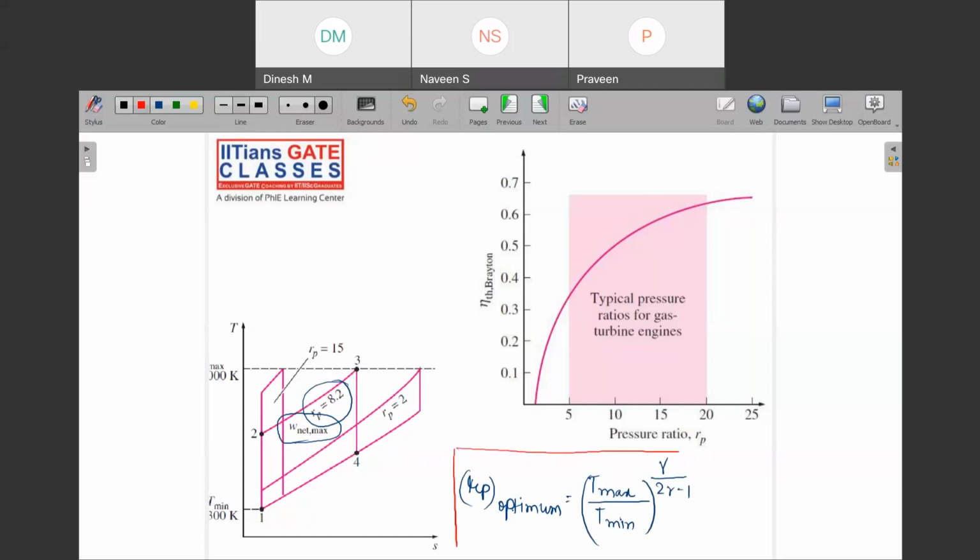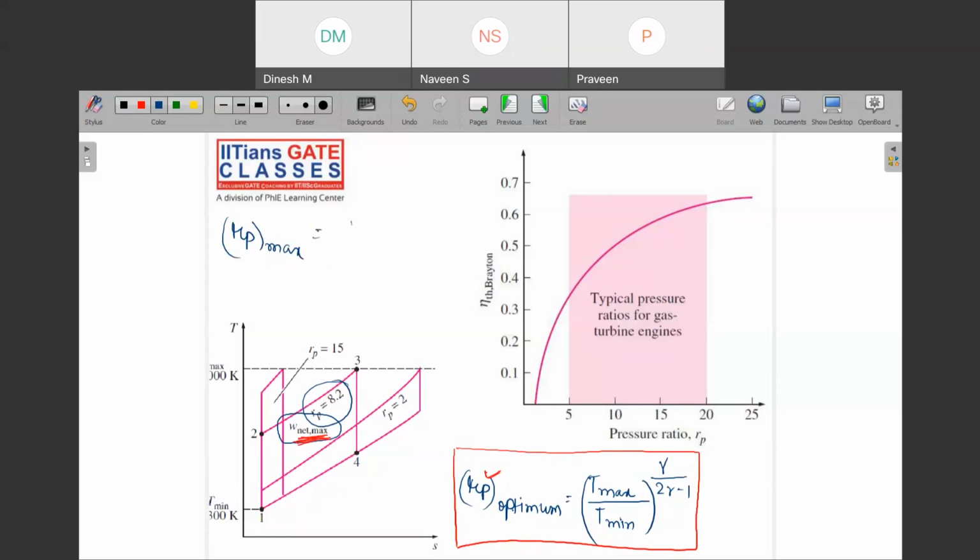RP optimum value, optimum means what? If you are working at this value, then you will have your W net max value as the maximum one, right? And then what is the RP max we can work upon? RP max value. See the difference between optimum and max.